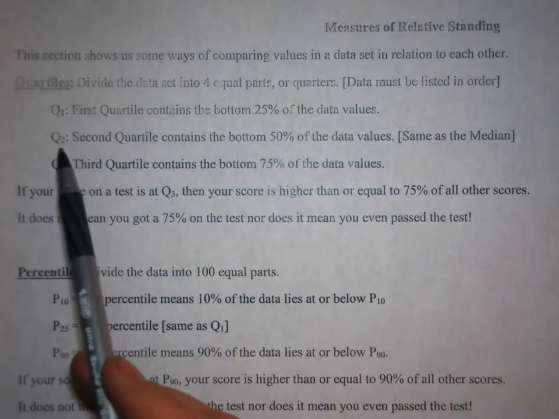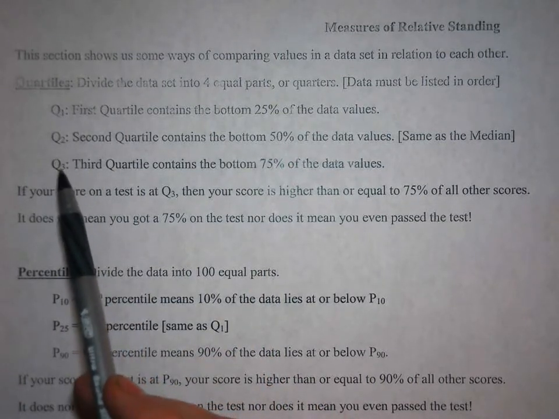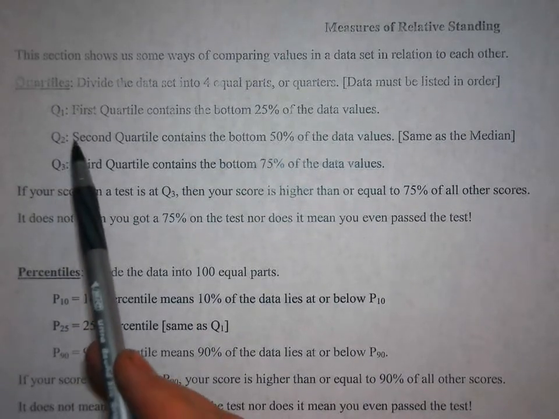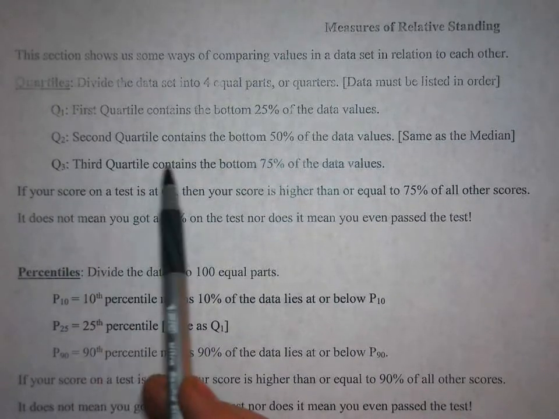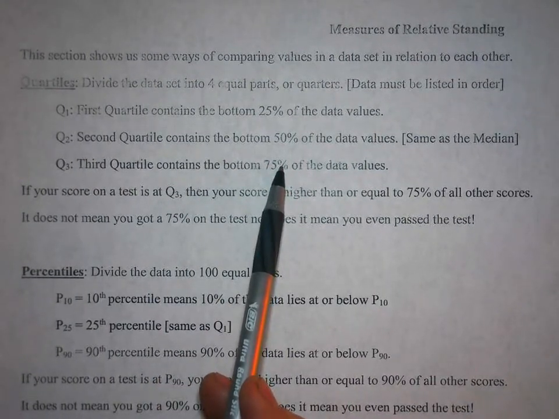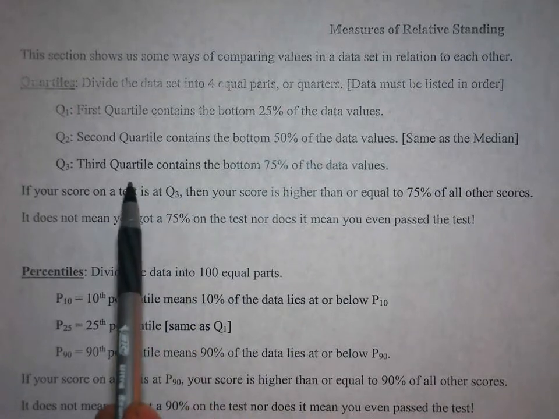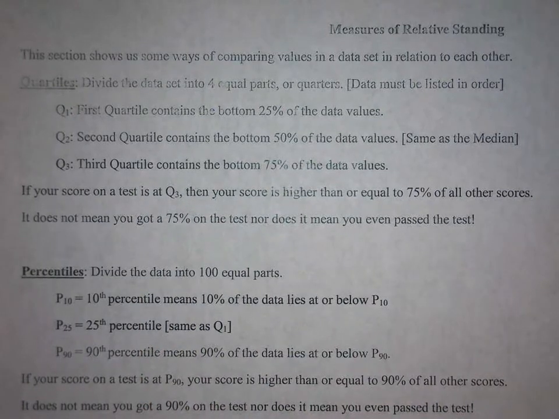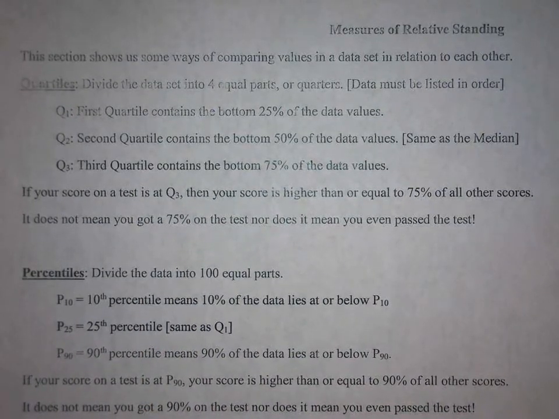And then another 25% will be between Q2 and Q3. So 25 of those 100 data values would be between Q2 and Q3 for a total of 75% at or below Q3. And if you had a score on a test at Q3, then your score is higher than or equal to 75% of all other scores.